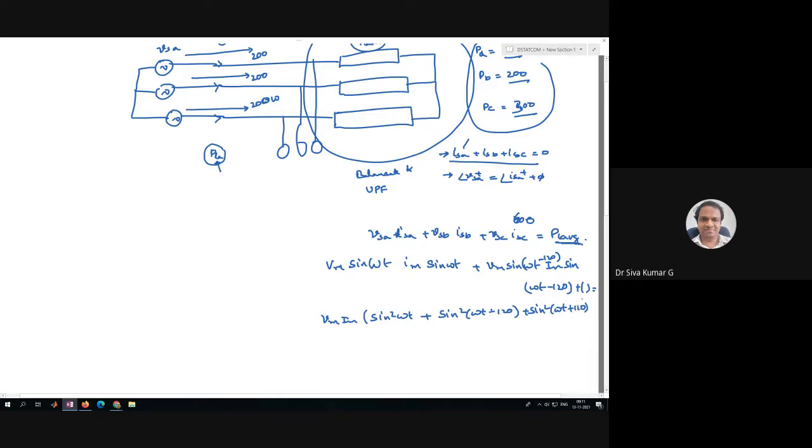Taking this particular equation, we get a scaling factor of Vm Im by 3 by root 2, which gives PL average as 3 times Vm by root 2 into Im by root 2. This is the equation I have given earlier also: 3 times Vrms into Irms, which is equal to PL average.